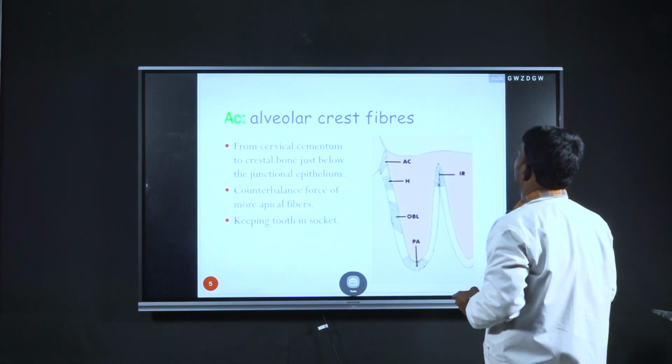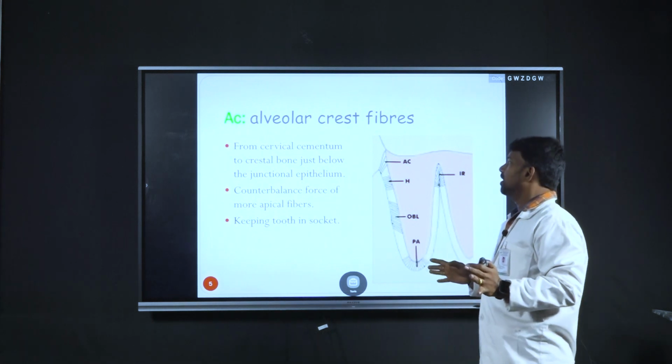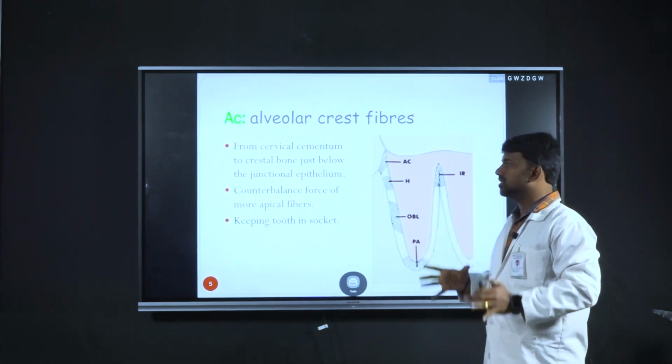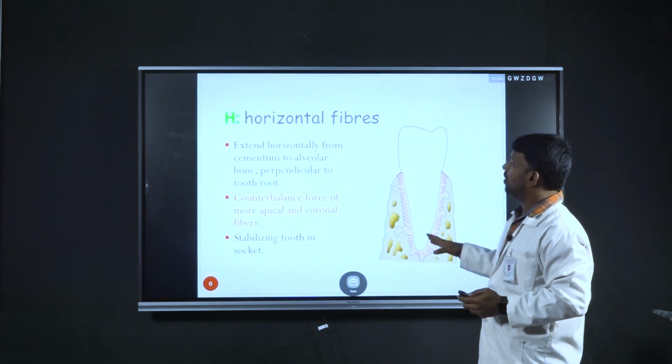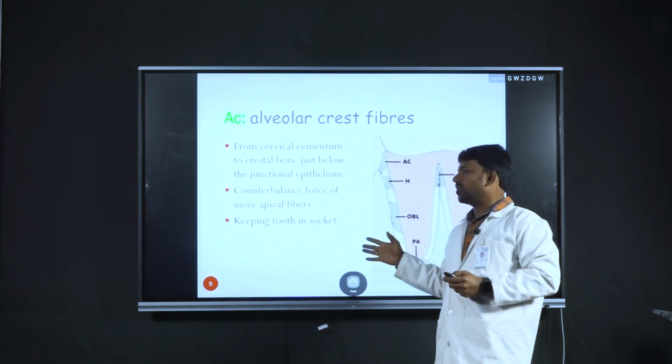So what are the alveolar crest fibers, and what is their function? The function of alveolar crest fibers is to counterbalance the force of apical fibers and keep the tooth inside the socket. Horizontal fibers also do the same, keeping the tooth in the socket.